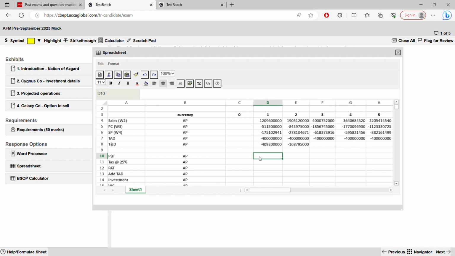Now we need profit before tax. So here it will be 0. There's no profit before tax for year 0. Now it is just the sum function. When you do the sum function, automatically this amount will be deducted, because it's in minus.